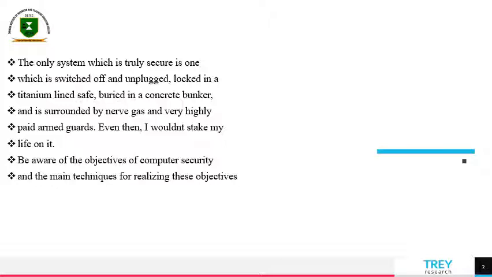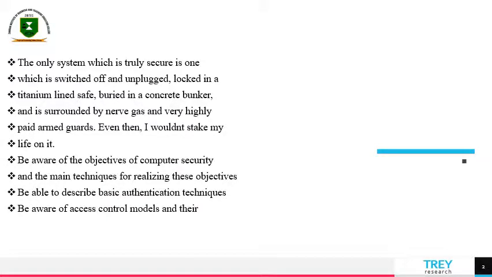Now let's talk about the objectives that are supposed to be met at the end of this lesson. Be aware of the objectives of computer security and the main techniques for realizing these objectives. Be able to describe basic authentication techniques. We will talk more about authentication as we go on in this lecture; for now we're just doing the introductory part so that you have an idea where we are going.